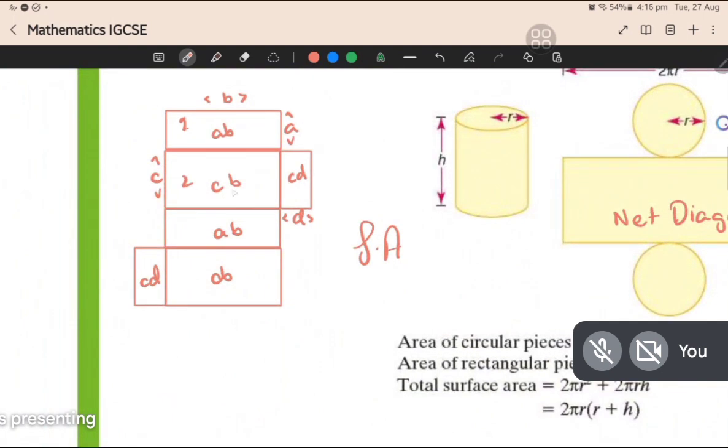We got one, two, three, four, five, six surfaces in a cuboid. And their dimensions we have called A, B, C, D. So this is how we find the surface area. And we have 2AB plus 2AC plus 2CD plus 2CD. That gives you the surface area of this cuboid.